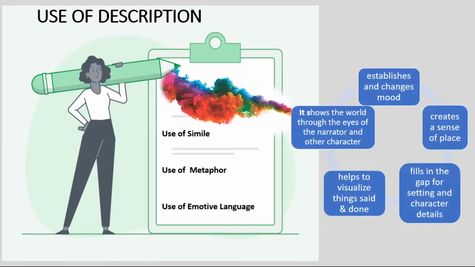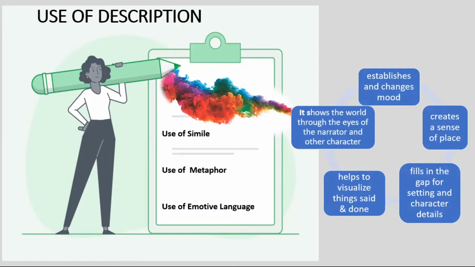He's painting a picture. Now, description can be used as a narrative technique to, one, establish and change the mood for us, the readers, to create a sense of peace for us, the readers. It can fill in the gap for the setting and the character details that we might not be able to see.